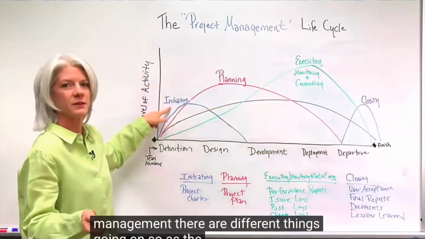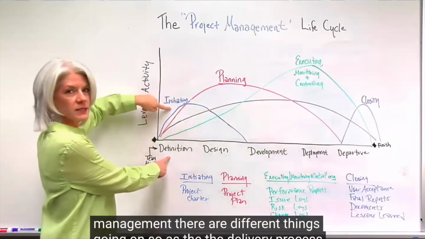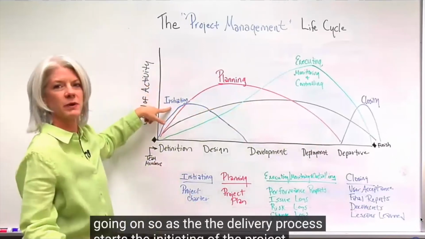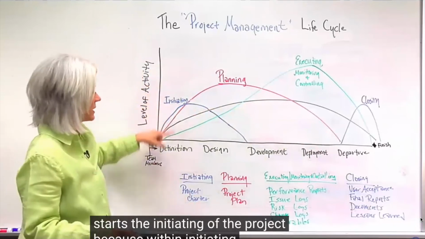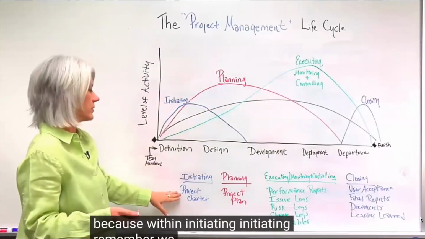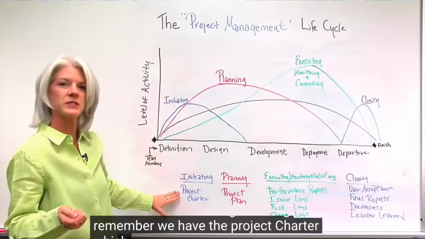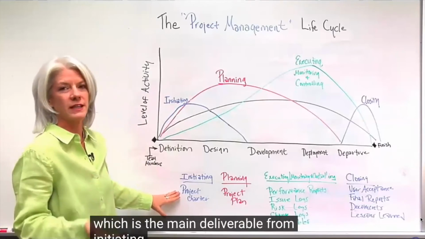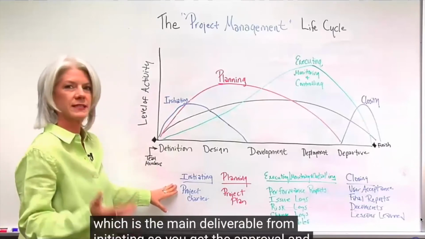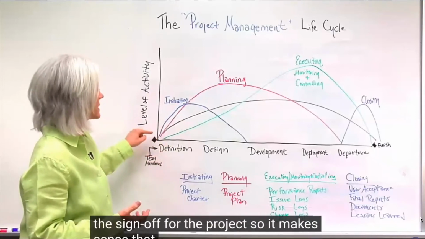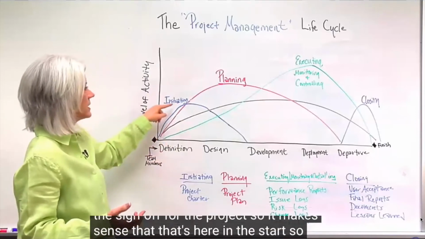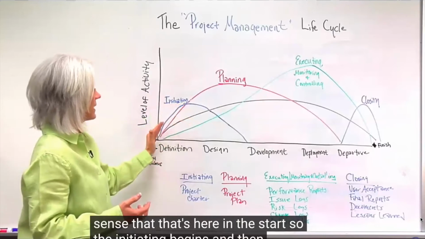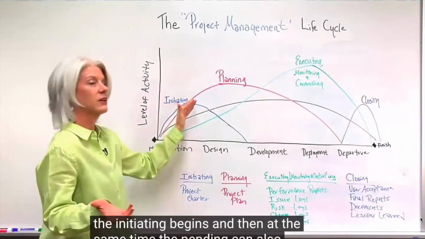As the delivery process starts, the initiating of the project begins, because within initiating, remember we have the project charter, which is the main deliverable from initiating. So you get the approval and the sign off for the project. It makes sense that that's here at the start. Then at the same time, the planning can also begin.